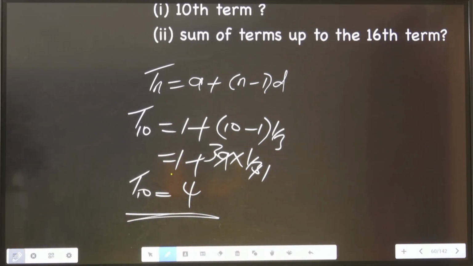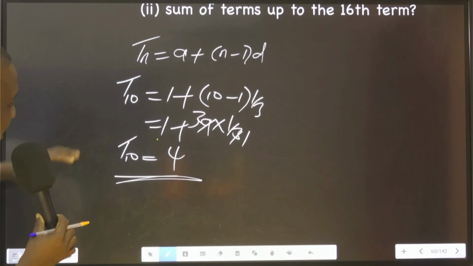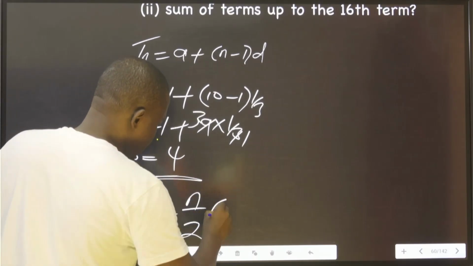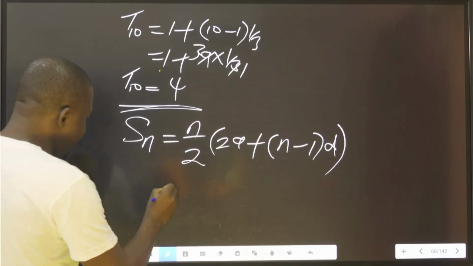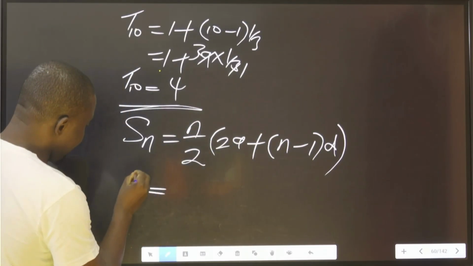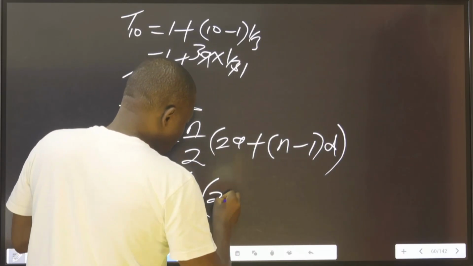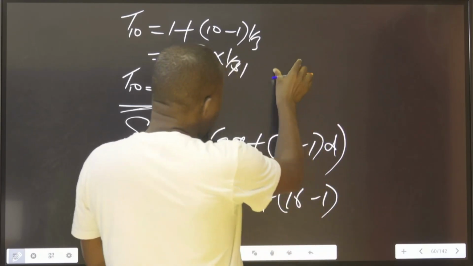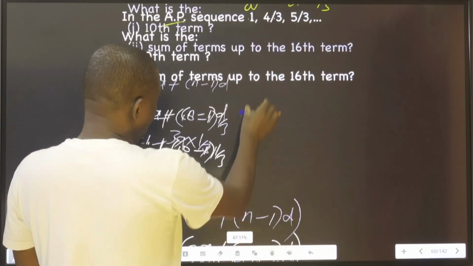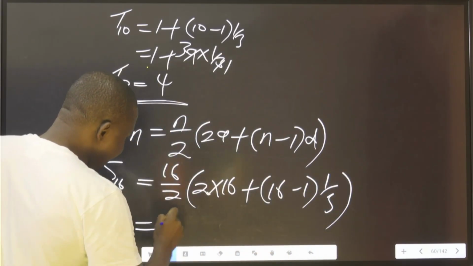Okay? We are asked to find the sum of the terms up to the 16th. We put out the formula. What term are we talking about? 16. 16 over 2. The common difference is 1 over 3. That is 8.